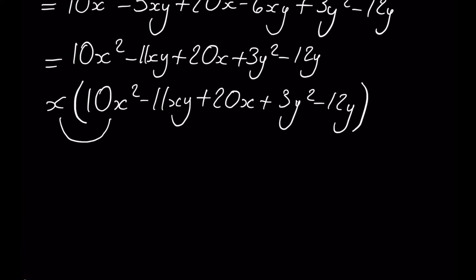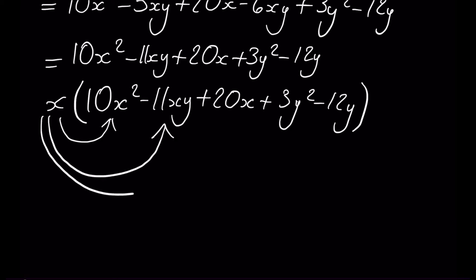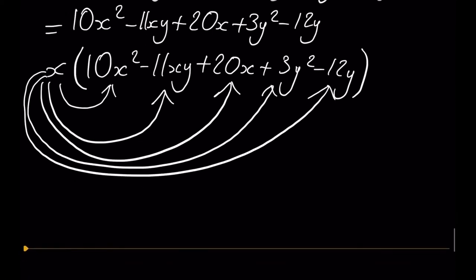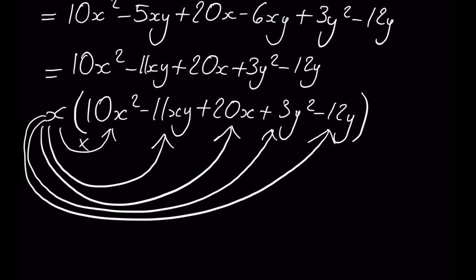So x times 10x squared, x times minus 11xy, x times 20x, x times 3y squared, and x times minus 12y.